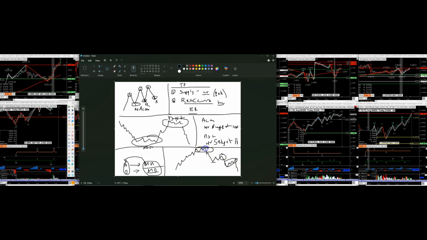This is distribution because it's a high relative to the trend low. This is distribution because it's a high relative to the rally low. All right? So anyway, the point is accumulation and distribution very important because accumulation is heavy buying at the lows and distribution is heavy selling at the highs.